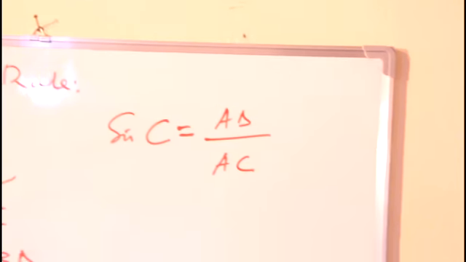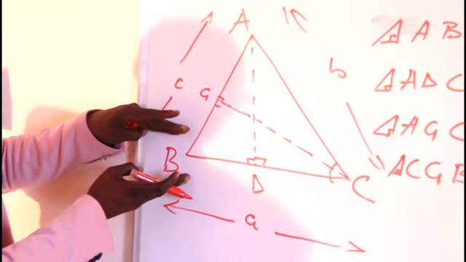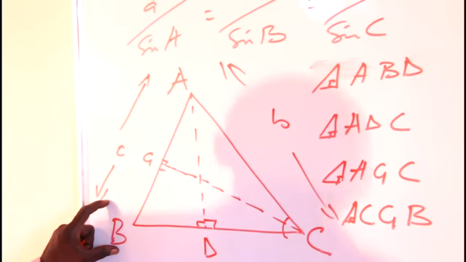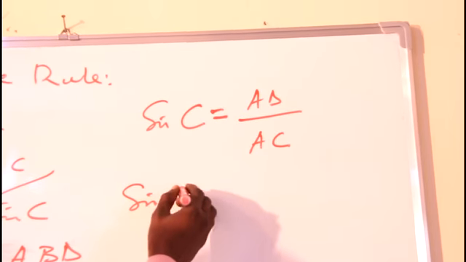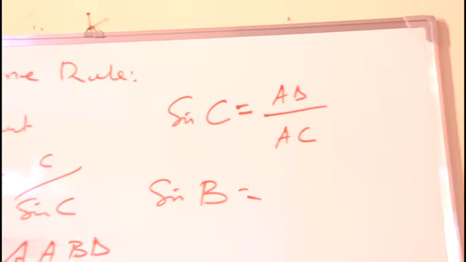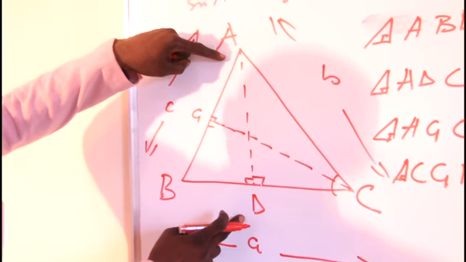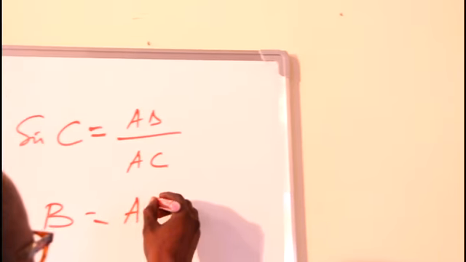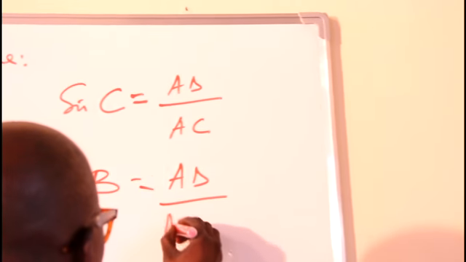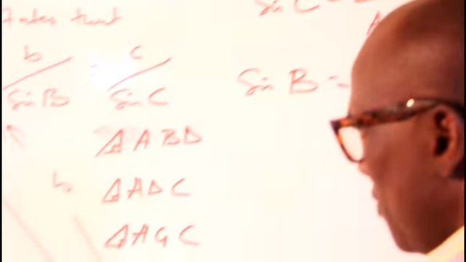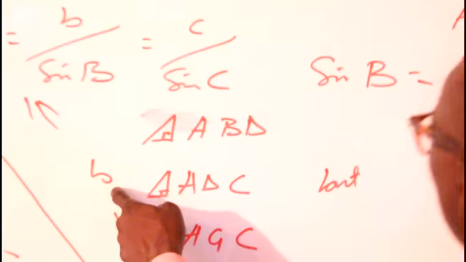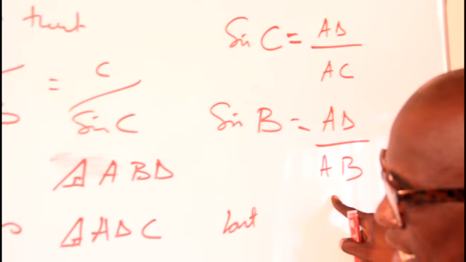Then when we take the sine of this angle, sine B will be equal to AD over AB.